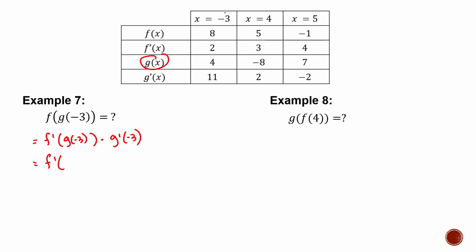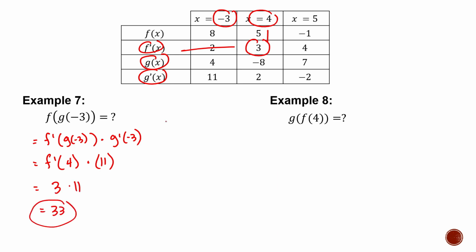This is g, this is negative 3, so that would be 4. g prime of negative 3 is right there, so it's 11. But we need to solve f prime of 4. So f prime of 4 is 3, so that would be 3 times 11. There you go, it's 33.